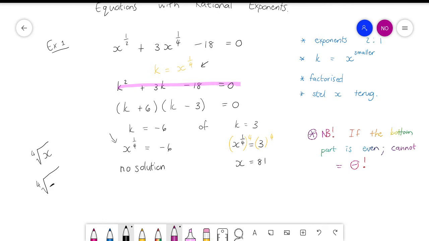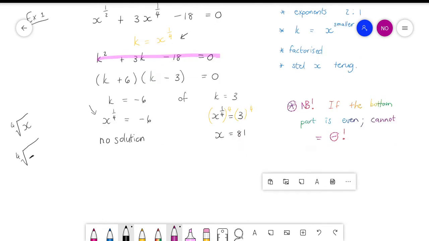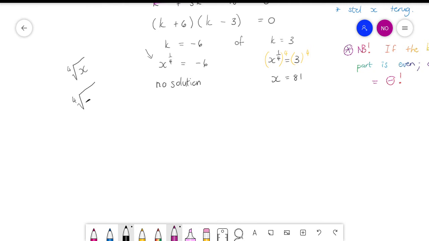Okay, I'm going to do another one with you guys. These are more difficult, so don't stress if you don't get it immediately. Which one of those two is the smaller exponent, the half or the quarter?